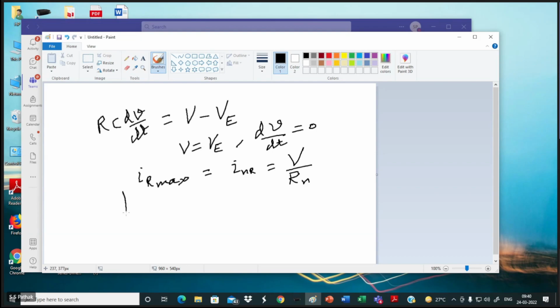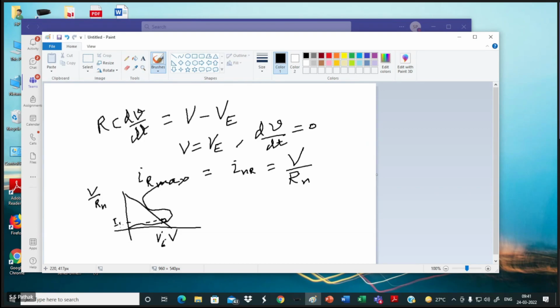So your load line will be, suppose I draw the load line here. This is your V, this is your V by Rn. But your intersection point is this, so this point becomes your VE and this point is your IE.